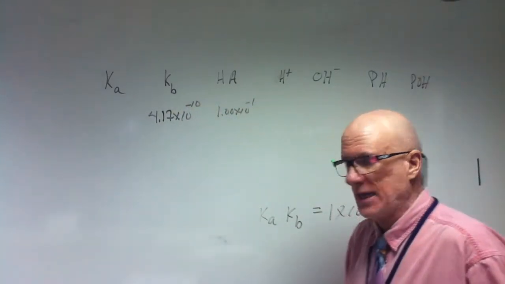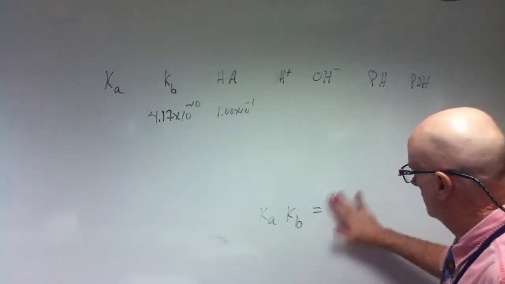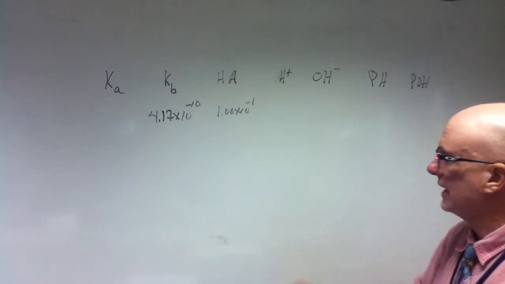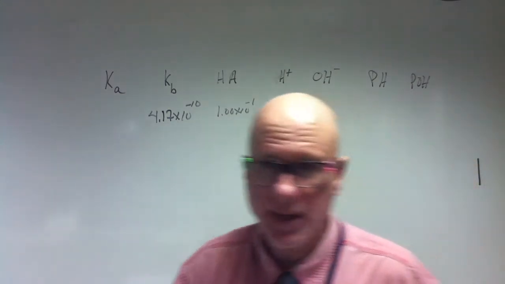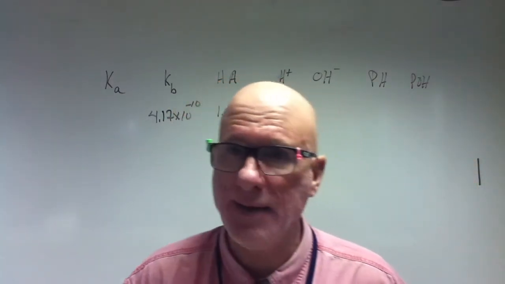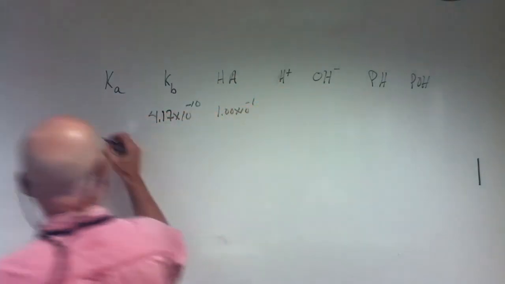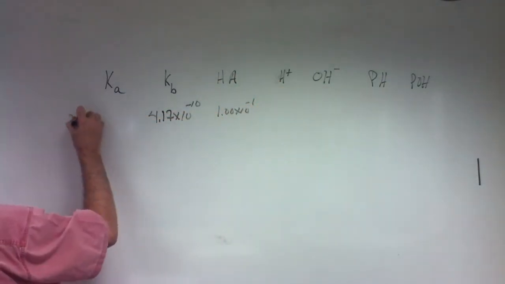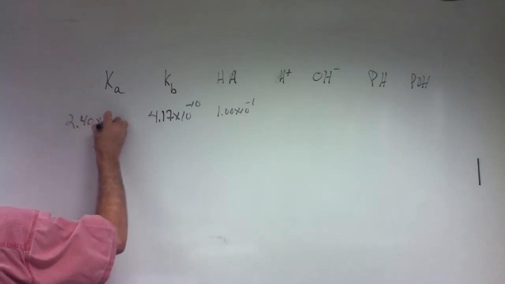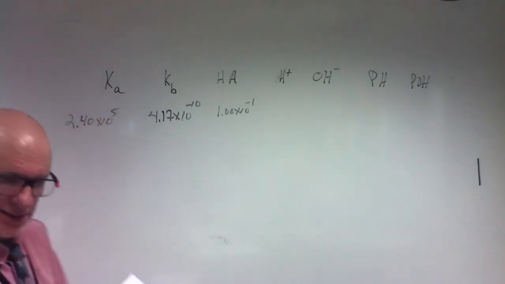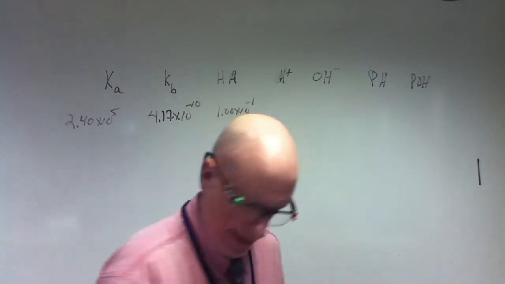Okay, what's the answer, guys? I'm telling you, if I do this, it's going to be a lot more helpful. 2.40 times 10 to the minus 5. Okay, does that come out over there? It's kind of running out.